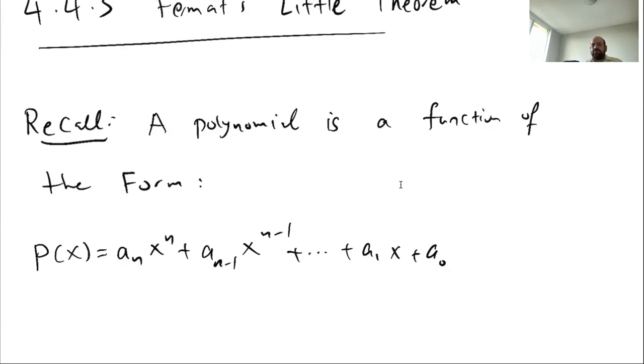So when can we say that two numbers in Zp are equal? You can probably guess what this means. Note a equals b in Zp if a is congruent to b mod p, i.e., if p divides a minus b.